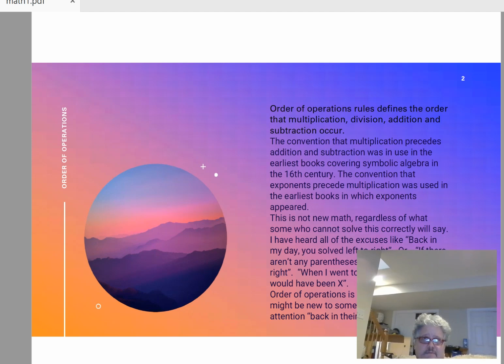Basically, order of operations rules define the order in which multiplication, division, addition, and subtraction occur. The convention that multiplication precedes addition and subtraction was in use in really the earliest books covering symbolic algebra back in the 16th century. The convention that exponents precede multiplication was used in some of the earliest textbooks in which exponents appeared.